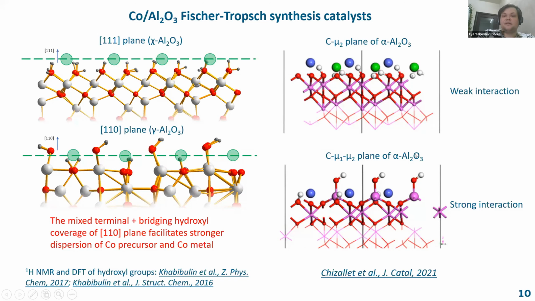And they're different in that for gamma alumina and the C mu1 mu2 plane, we have a mixture of terminal hydroxyl groups and bridging hydroxyl groups.